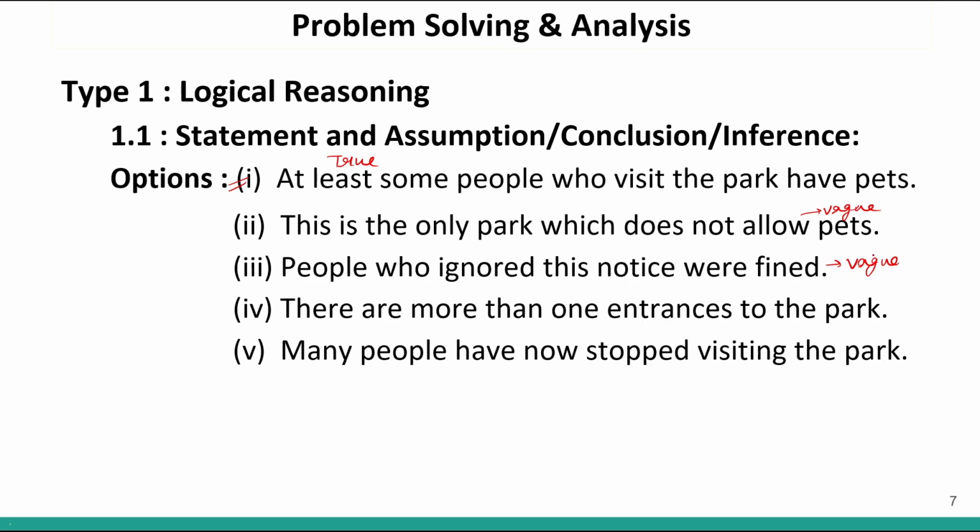So this assumption is also vague in nature, or you can say irrelevant. There are more than one entrances to the park. Again, a vague statement because nothing about the number of entrances was mentioned in the statement. Many people have now stopped visiting the park. Again, a vague statement because all these four assumptions are not implicit in the statement.